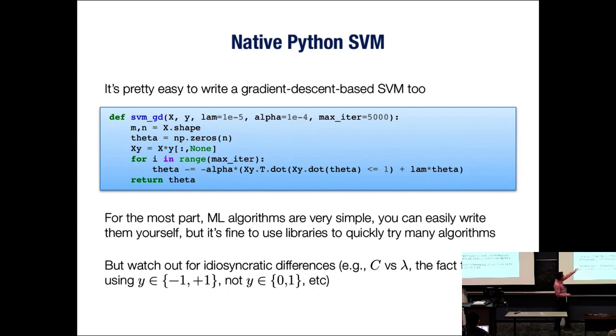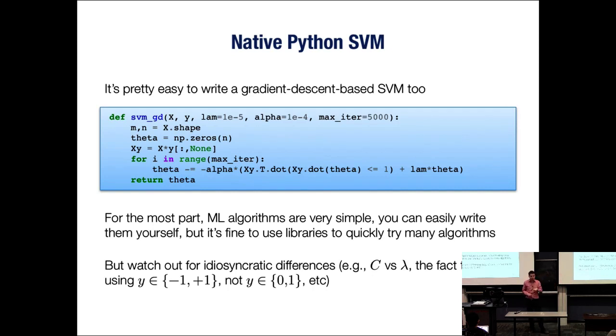So what we do here is, X here is our input. It is an M by N matrix that contains the examples in the rows of that matrix. That's the same one you have to pass to scikit-learn, by the way. So you have to construct that matrix no matter what you're doing. Theta is going to be our parameter vector. We initialize it to be all zeros. We keep things a little faster by pre-computing X times Y with that notation there.